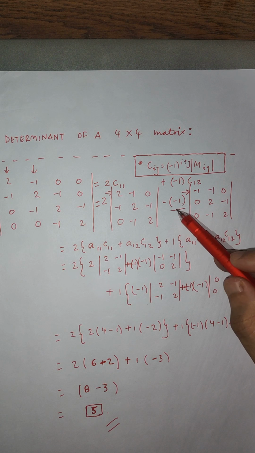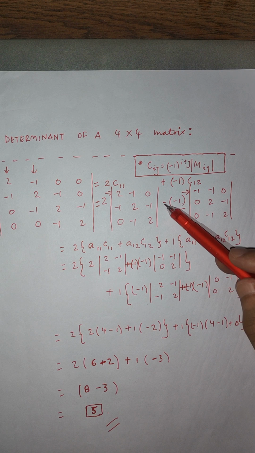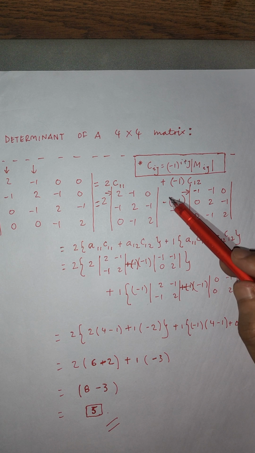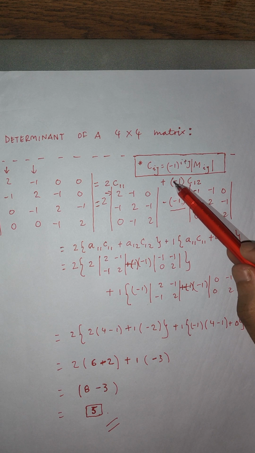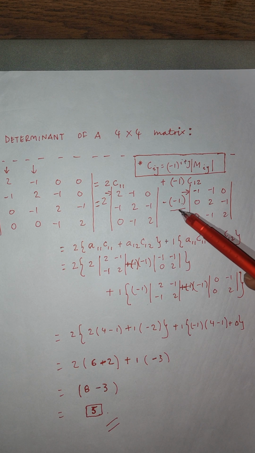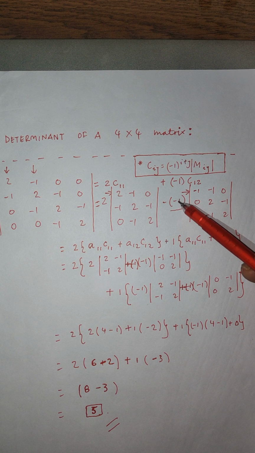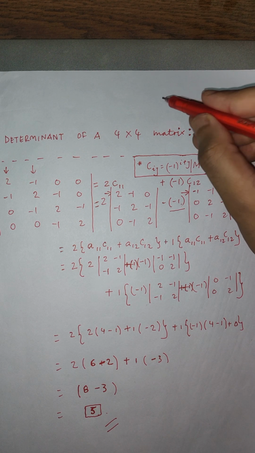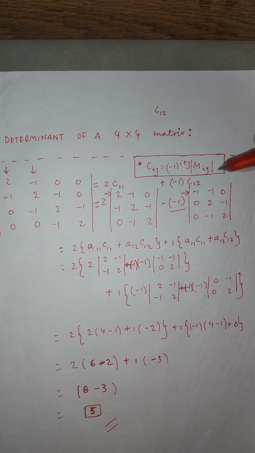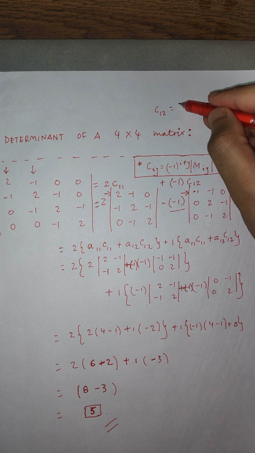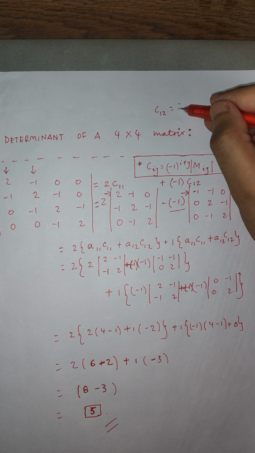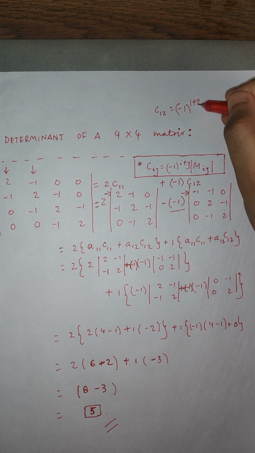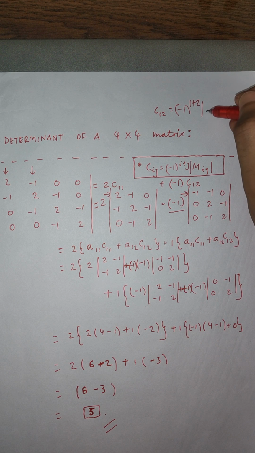I repeat this. So this negative sign is due to the -1 up here, and this -1 shows up due to C12. So C12, let me just show it right here. C12 is equal to -1 to the 1 plus 2, and then the determinant of the submatrix 1, 2.